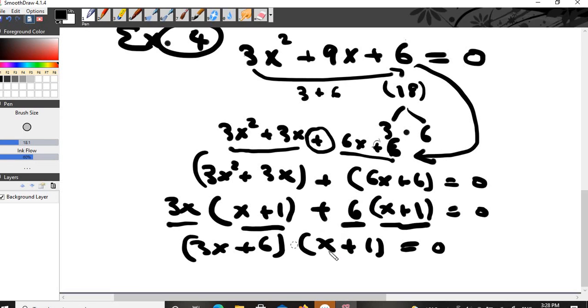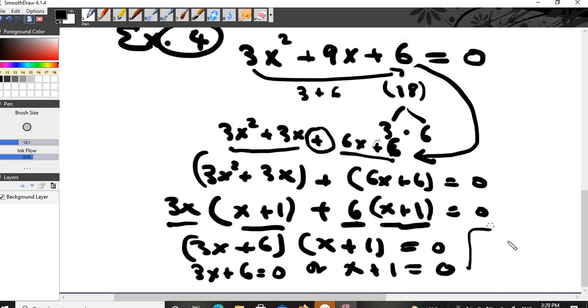So then this is what we do: 3x plus 6 equals 0, or x plus 1 equals 0. This one, x plus 1, is easy, because x plus 1 equals 0, so x must be negative 1.